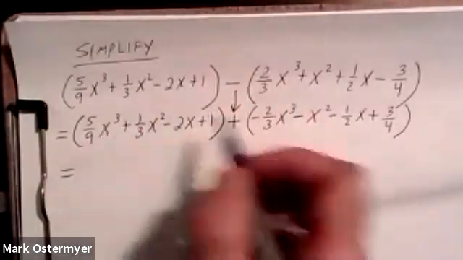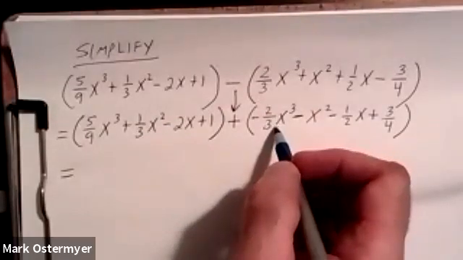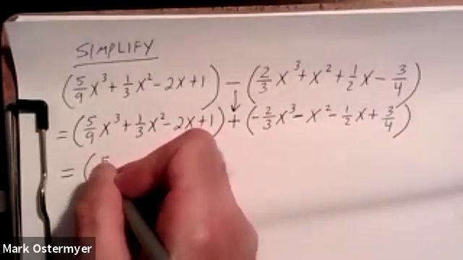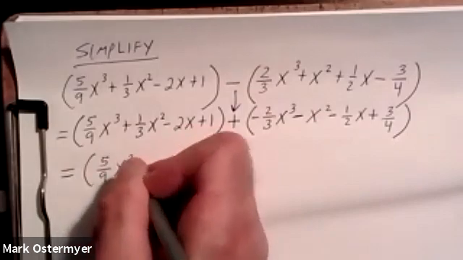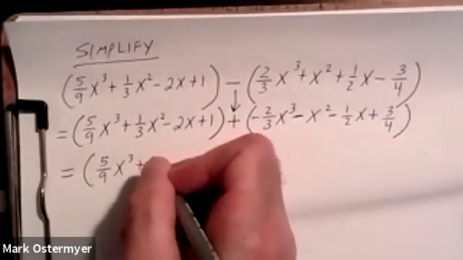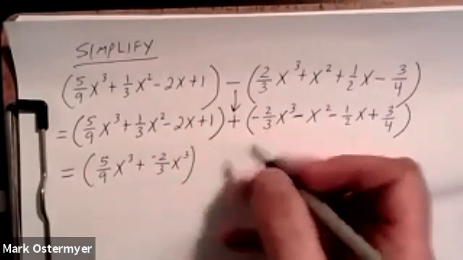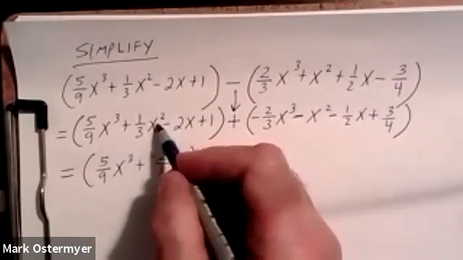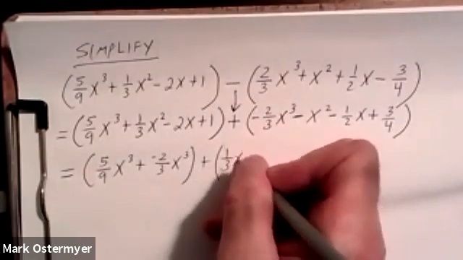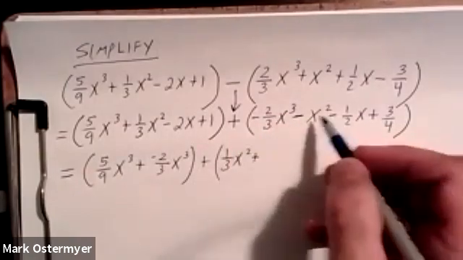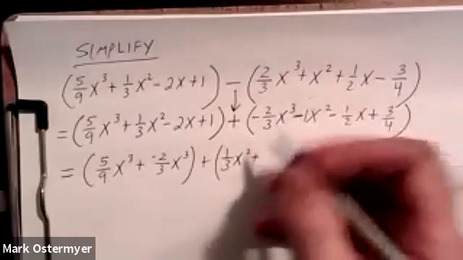So we have 5/9 x cubed that needs to get together with negative 2/3 x cubed. One-third x squared must be added to negative 1x squared.